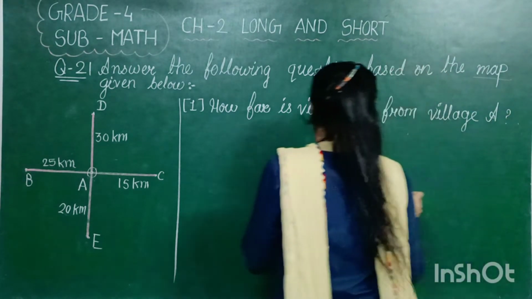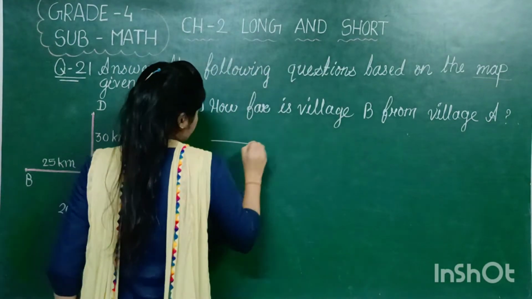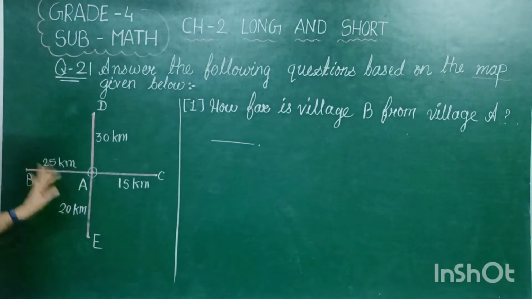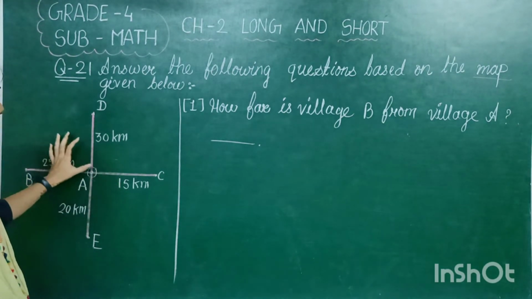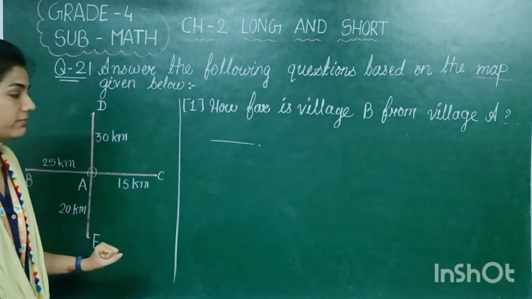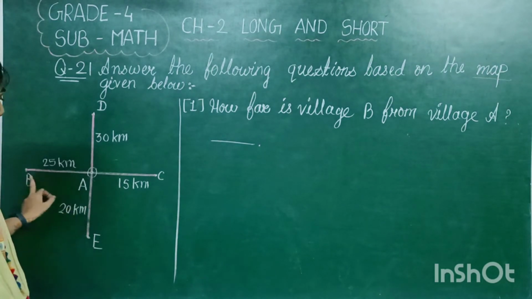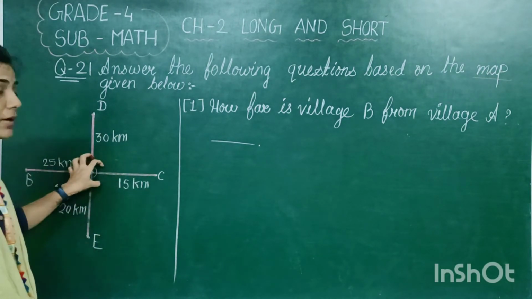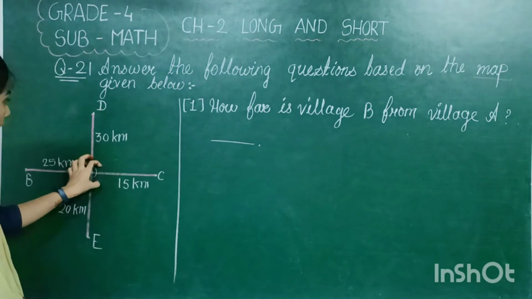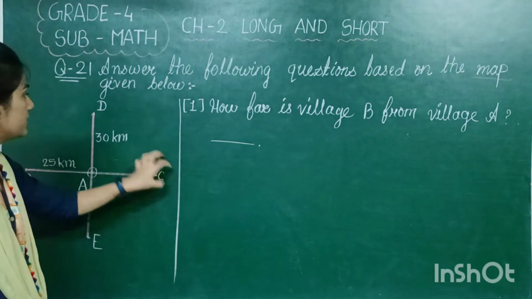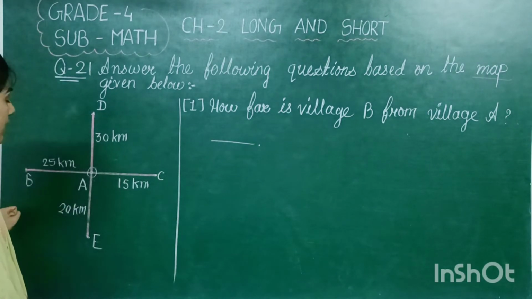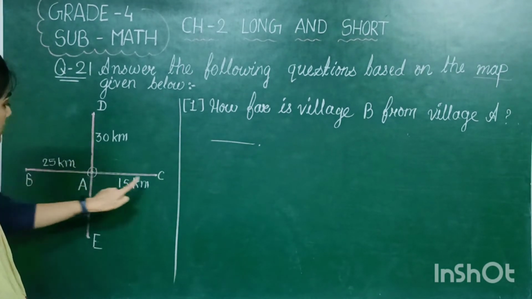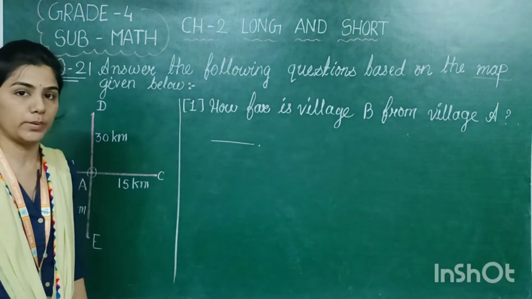And we have to find the answer of this question. I think you must have observed this map, right? As I explained, we have 5 points, A to E, means A, B, C, D, E. This A point is given in the middle part. And these 4 points are given at the edges of the line. So now we have to find the answer as per these points and the distance between them.